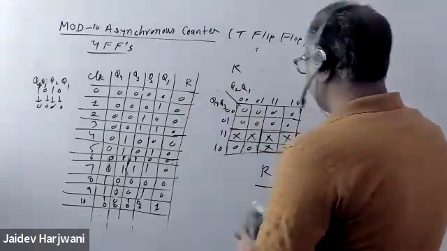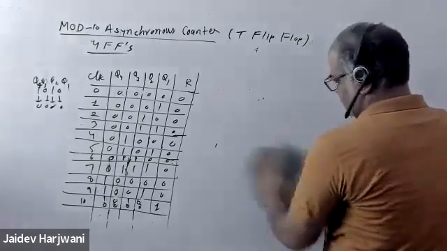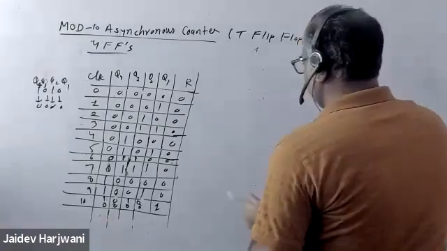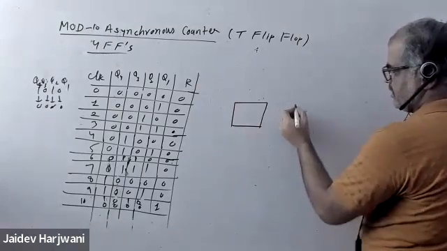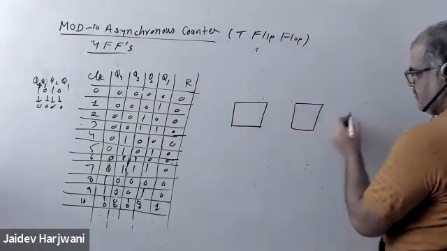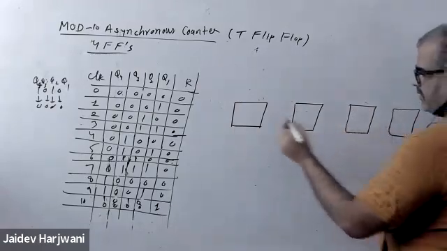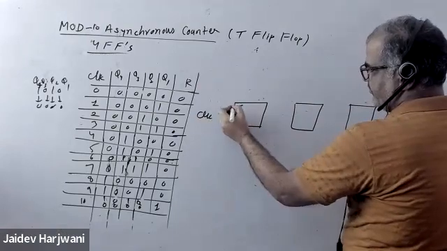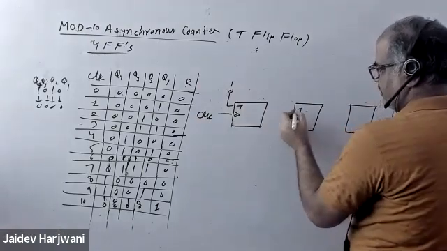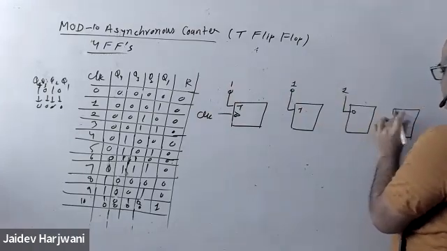So let us make the counter. Okay, design. So you have 4 flip flops. Okay, all are negatively triggered. You're giving clock here. This is T flip flop. T is 1. You're giving T1. T is here. You're giving 1 here.